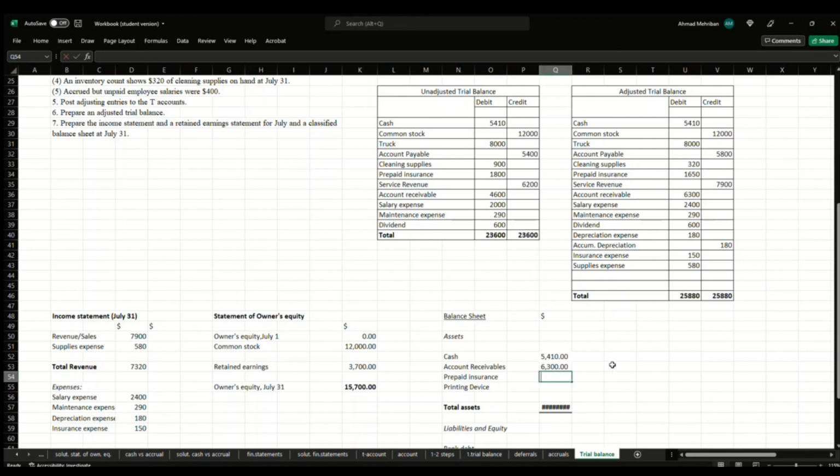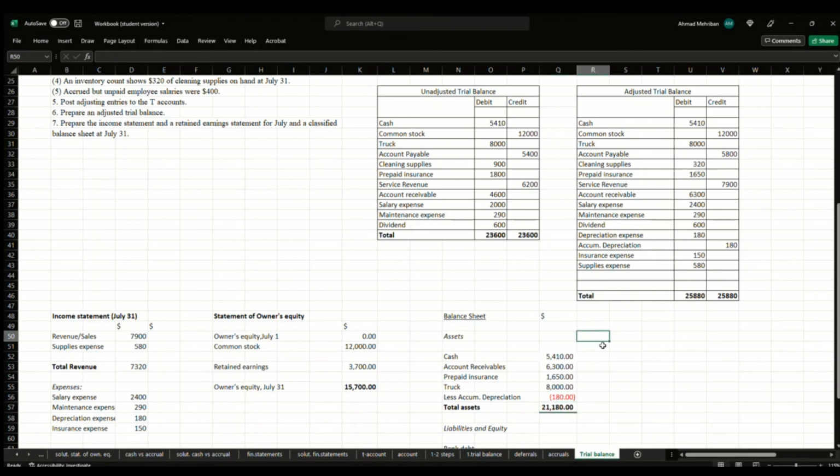Prepaid insurance 1,650. We don't have a printing device here, but we have a truck. The truck is right here, and truck is 8,000. But we have an accumulated depreciation, so we have to show it here. Less accumulated depreciation, which is 180, and I can better just show it as negative, so this will get deducted eventually.